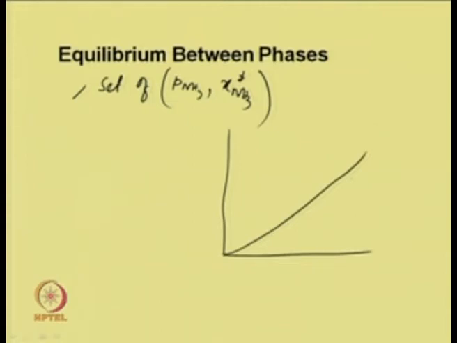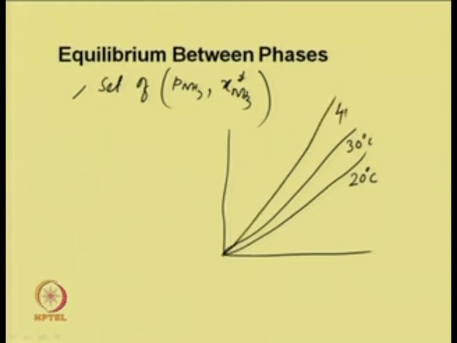Say it is at 20 degrees centigrade. Similarly, if we change the temperature and do similar experiments, we will obtain another set of equilibrium data. Say it is at 30 degrees centigrade and say it is at 40 degrees centigrade.